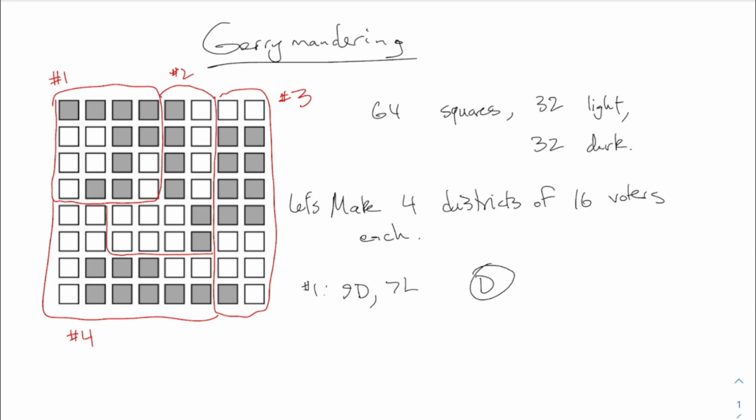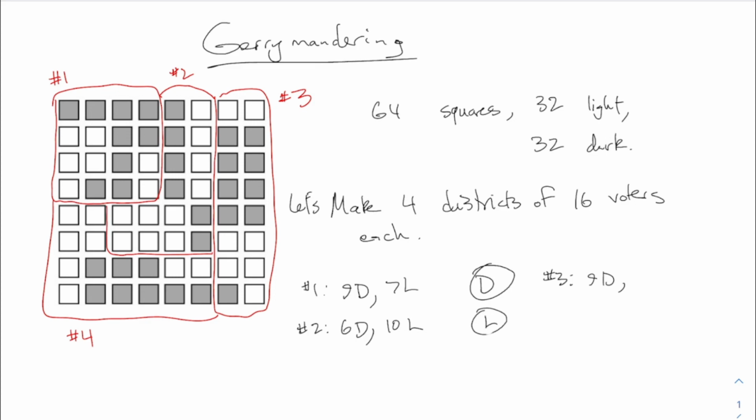District number 2 looks like 6 dark, and all the rest are light, 10 light. So here the lights win district number 2. Number 3, I see 1, 2, 3, 4, 5, 6, 7, 8, 9 dark, and 7 light.